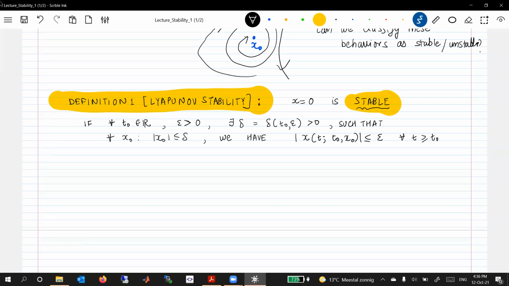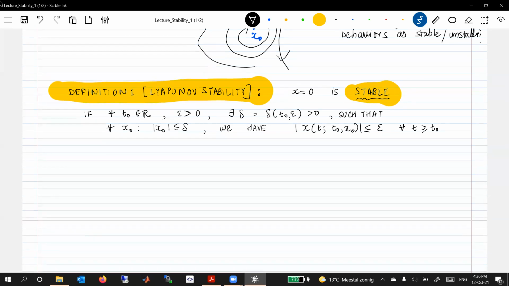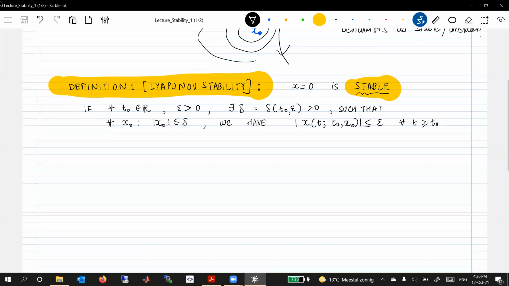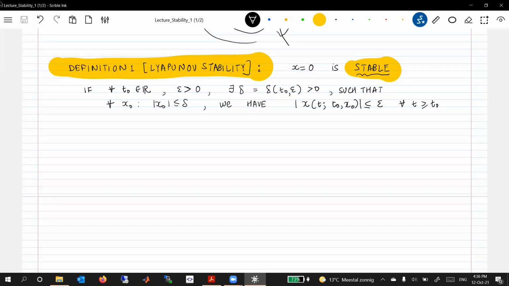Right, so again, this epsilon delta definition is somehow trying to justify our intuitive understanding of stability. So let's try to sketch this and geometrically understand it. What are we saying here? So let's say we have the phase space, which is n-dimensional.